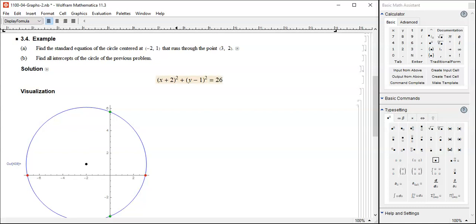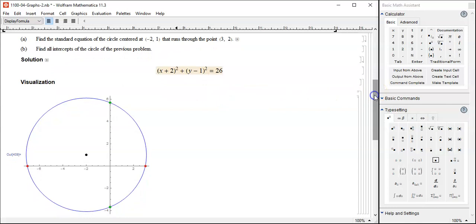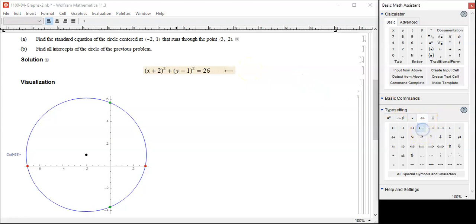Okay, here, and then we are looking for x-intercepts. What's the typical technique? Y is equal to 0 and looking for the x value. That's going to give me the x-intercept.